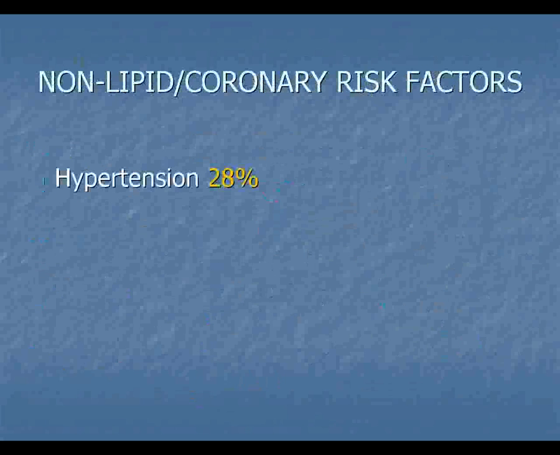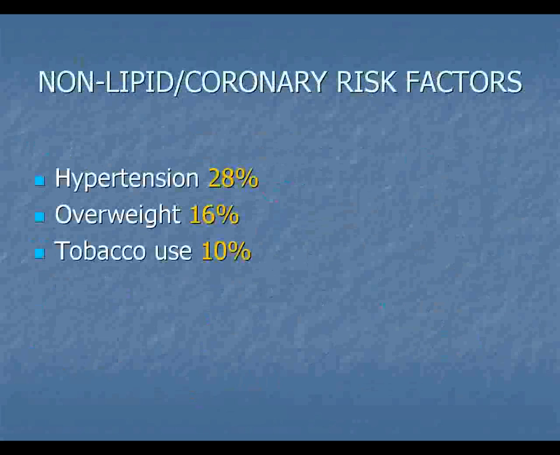Of the non-lipid coronary risk factors, 28% of the students were hypertensive, 16% overweight, which correlates with the general population, 10% used tobacco, and then just 0.2% actually had an impaired fasting glucose, which was pretty surprising to these researchers. I think they thought they were going to find significant abnormalities in the glucose numbers.